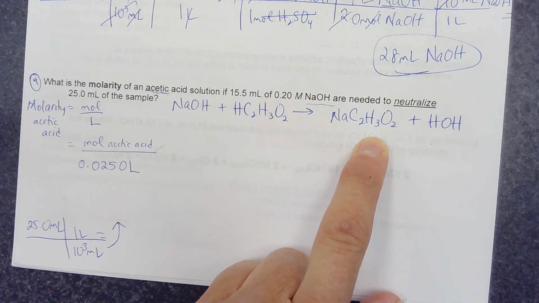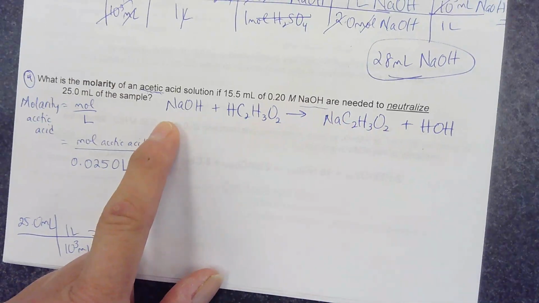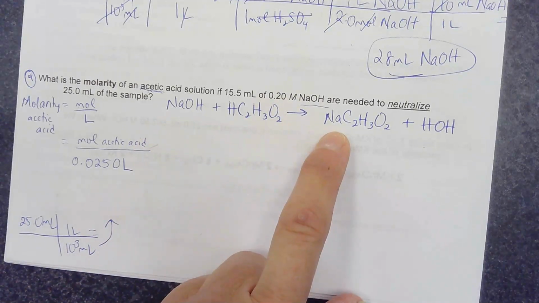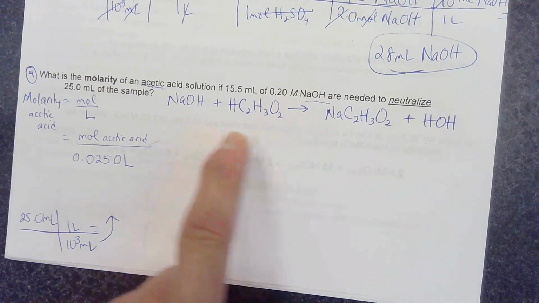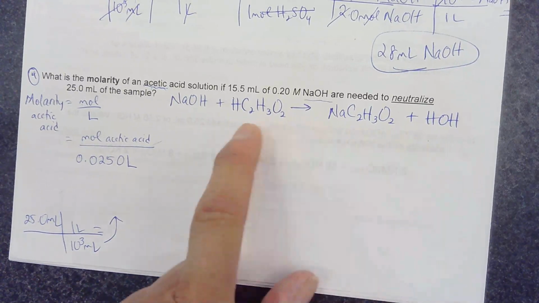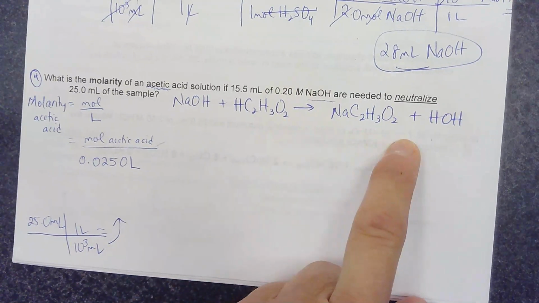Okay? You have to balance the charges. Then what do you have to do? Balance the whole thing. So then you go 1 Na, 1 Na, 1 OH, 1 OH, 1 H, 1 H, 1 C2H3O2, 1 C2H3O2. Is it balanced? Yes.